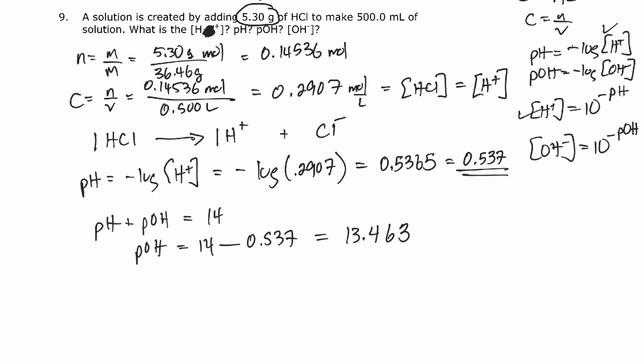The last question they want is, what's the hydroxide ion concentration? So hydroxide ion concentration is 10 to the negative pOH. I just found out my pOH.